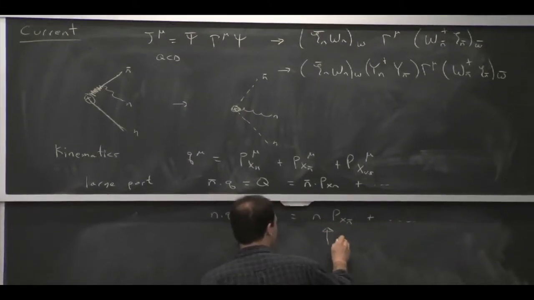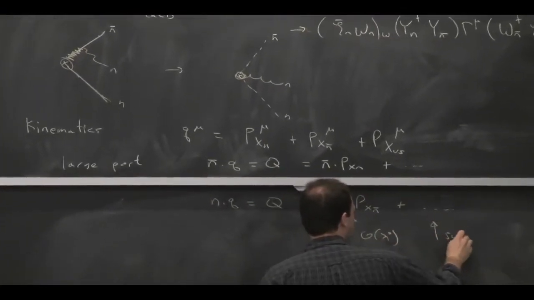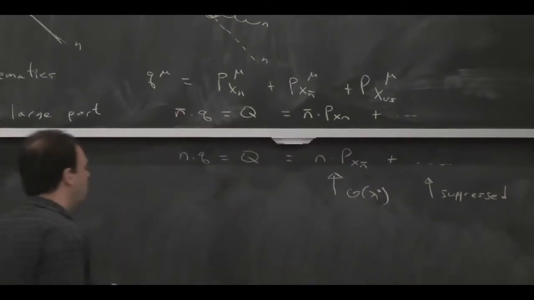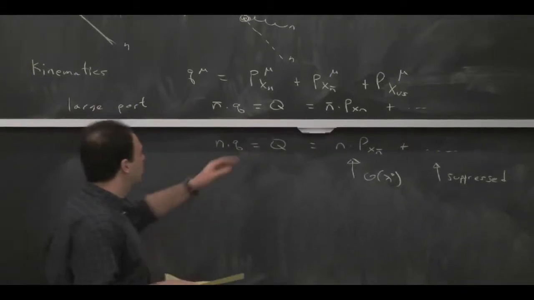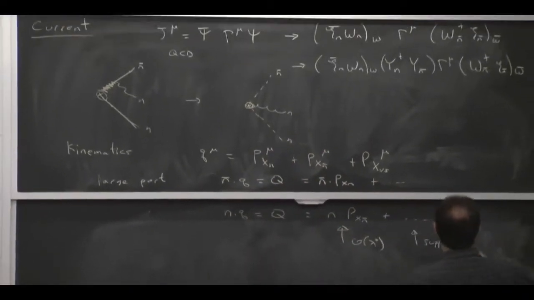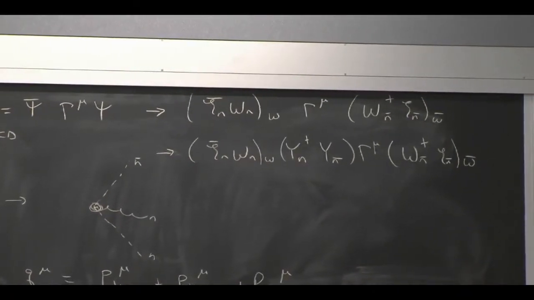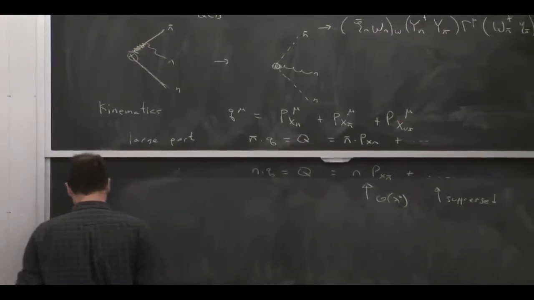So these guys here are leading order in the power counting, and these guys are suppressed. And what happens is, like in the example we talked about when we were doing B to X_s gamma, we have these labels omega and omega bar on our collinear fields up there. They just get fixed to the Q's by momentum conservation.